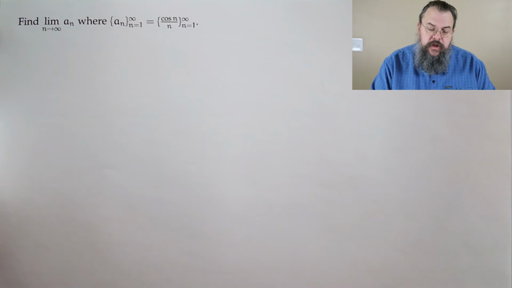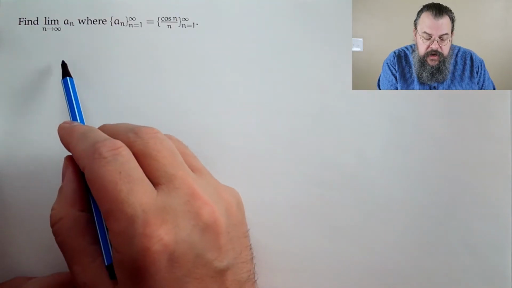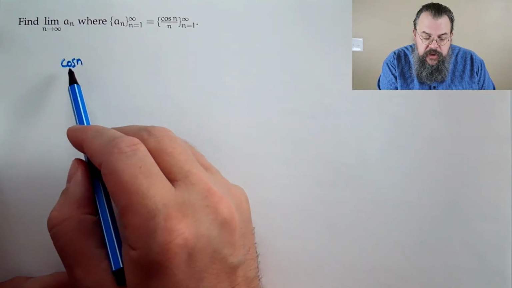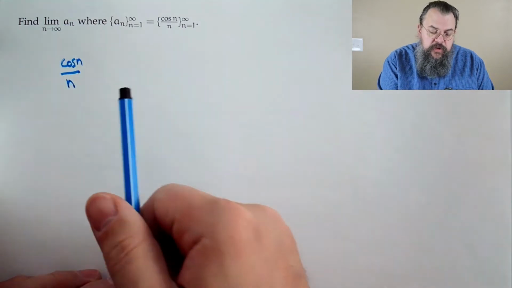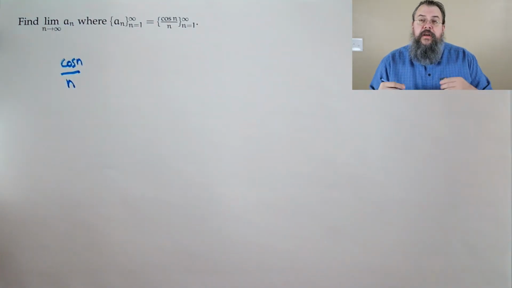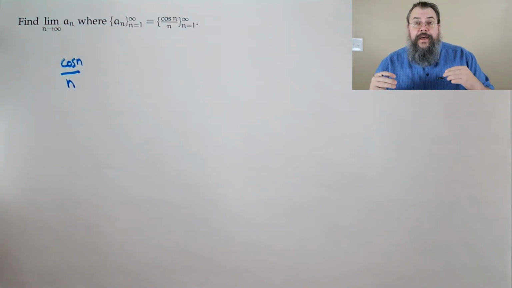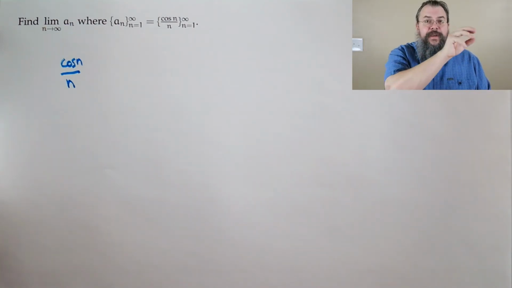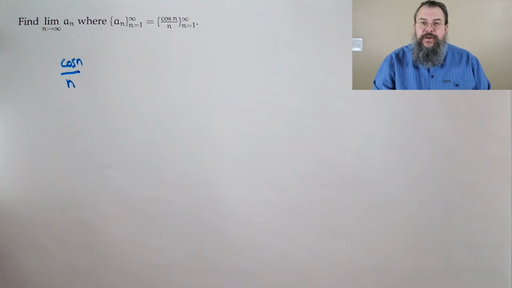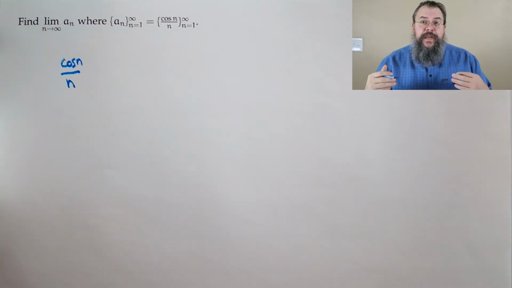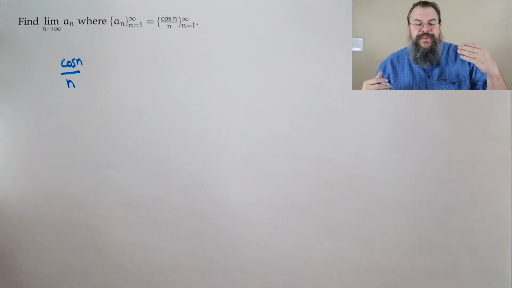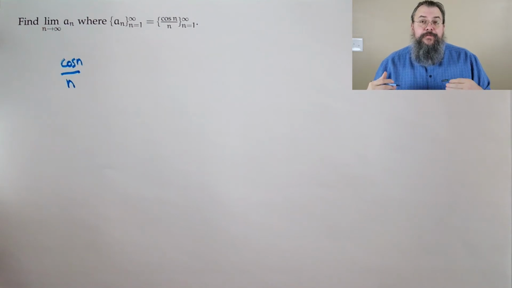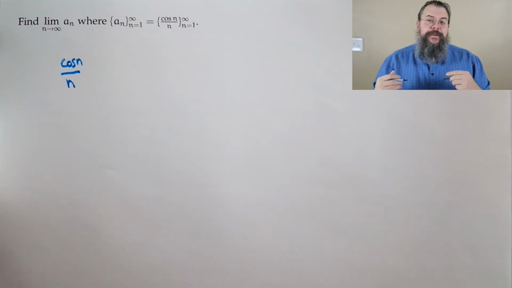If we think of this as a continuous function, cosine of n as n goes to infinity doesn't converge because cosine oscillates, keeps going up and down. So if I take the limit, I get a does not exist over infinity, which means more work, but not the kind of L'Hopital more work.